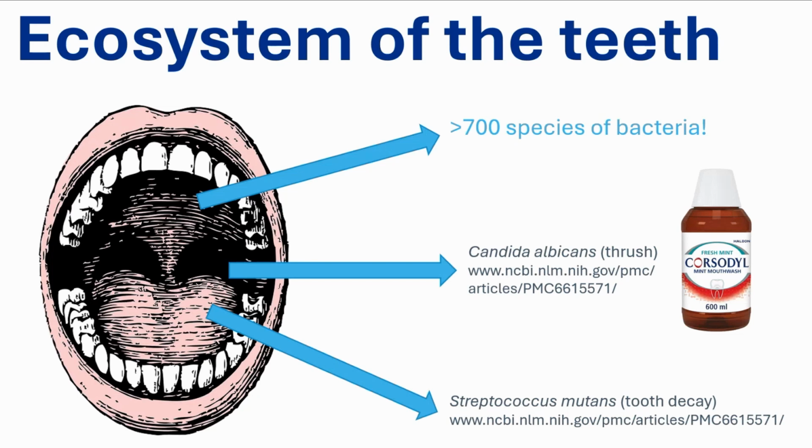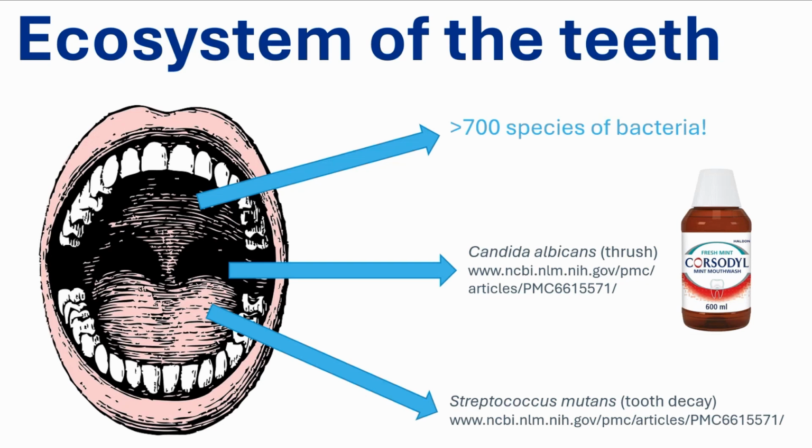There's another one that can be quite bad for you, Streptococcus mutans. That's the main one involved in tooth decay, and it's quite insidious because it gets into all the little corners you can't reach very well with your toothbrush, and it makes almost a horrible little nest in there that can be quite difficult to deal with.